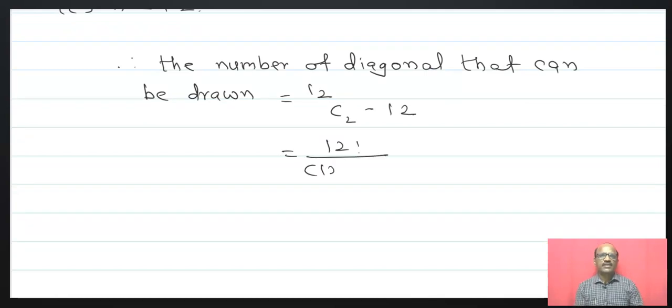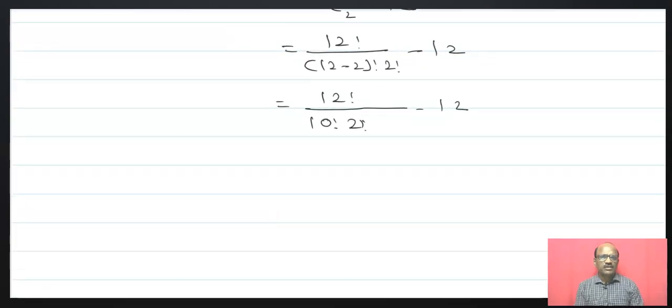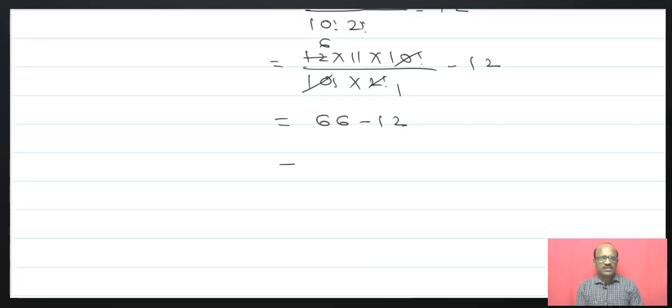That is 12 factorial upon (12 minus 2) factorial into 2 factorial, that is 10 factorial into 2 factorial. Normal calculations: 12 into 11 into 10 factorial upon 10 factorial into 2 factorial, 10 factorial gets cancelled. Therefore, that is 66 minus 12, which is equal to 54.